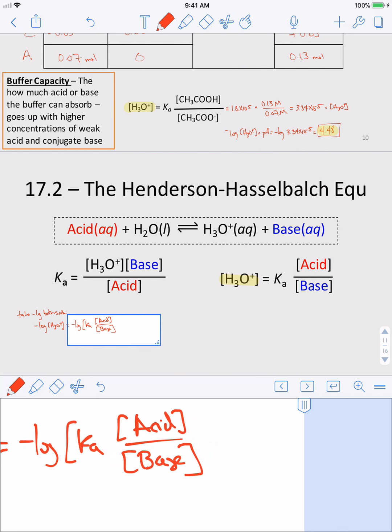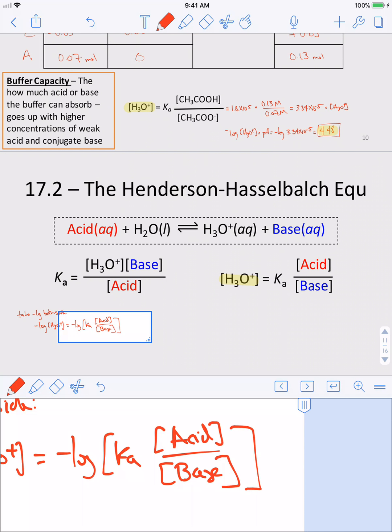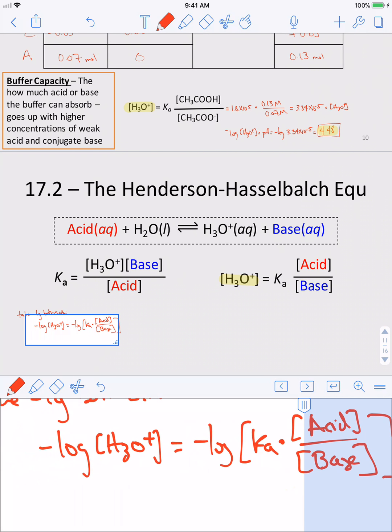We can use log rules to separate these two terms. We know that negative log of H3O+ is just pH.